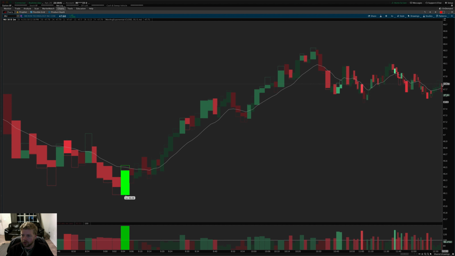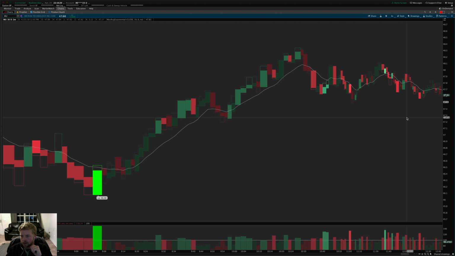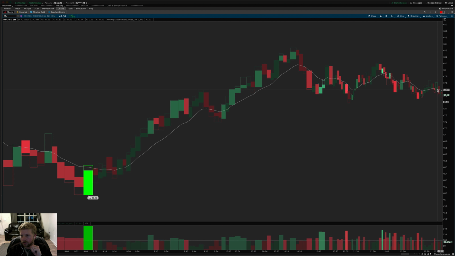You could take this on a break over that red, but it's more behaving like the downward direction is now the primary direction, and this is just a light volume pullback. And it looks like here you had a potential short.